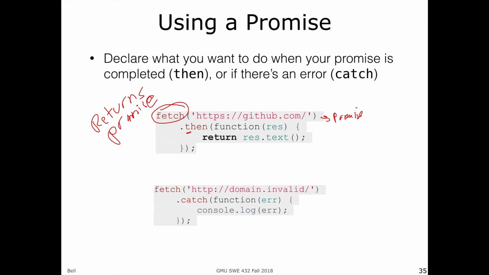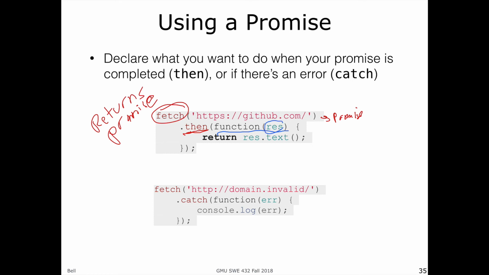So we use this then function, which is standard defined for every promise, and then accepts a function. So this function here is going to be called when the promise is completed, when it goes off and does whatever it's supposed to do and gets back with its data.